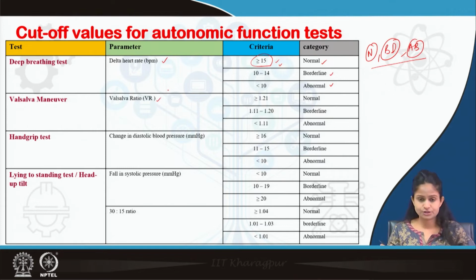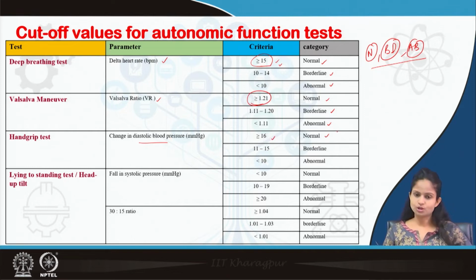Similarly, the Valsalva ratio is very important. More than 1.21 is the normal value of the Valsalva ratio. Within 1.2 is borderline, and less than 1.1 is abnormal. Then we have the change in the diastolic blood pressure. Whenever there is a rise in the diastolic blood pressure of more than 16 millimeter of mercury, it is normal.